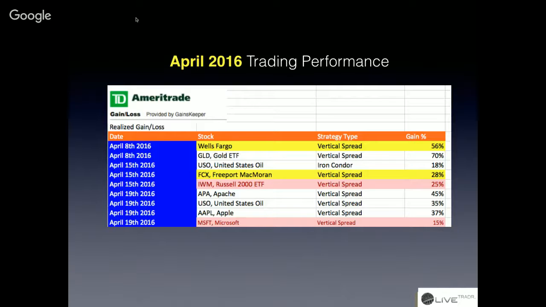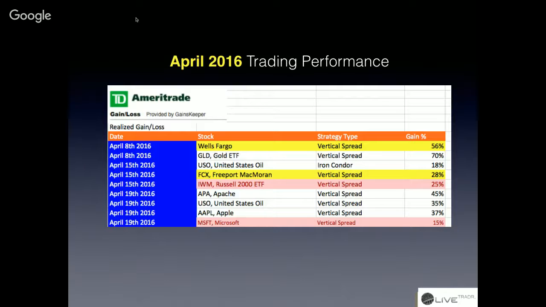For example, Apple was a very good trade a few weeks ago. I believe it was two and a half weeks ago that we shorted Apple. Right after that, Icahn, the billionaire investor, unloaded a lot of Apple shares, and Apple dropped even further.